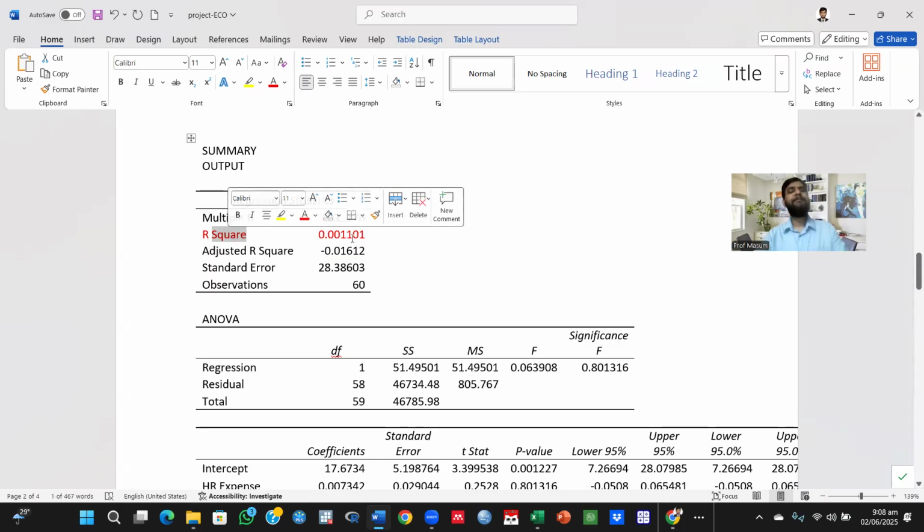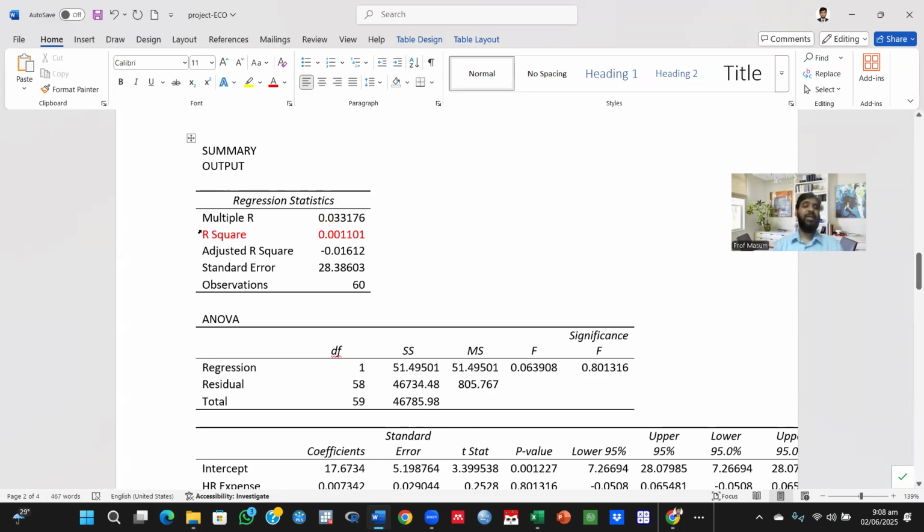You have to write that only 1% of the data has an impact on the company's profitability. So HR expense here is very insignificant. Standard error is also very high.